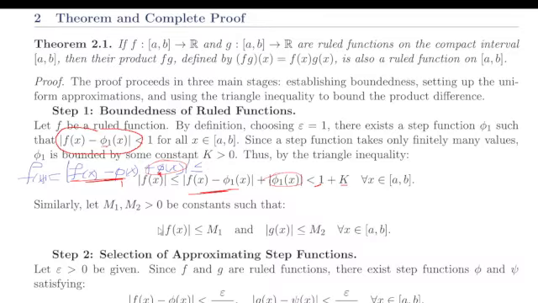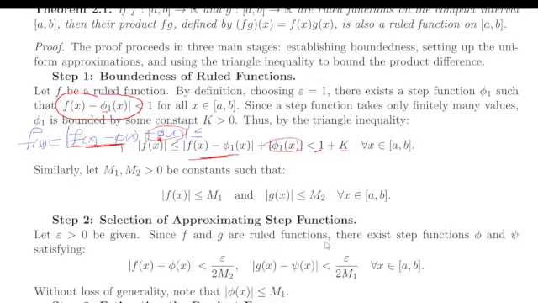Similarly, let m1 and m2 be positive constants such that the absolute value of f of x is bounded by m1 and g of x is bounded by m2 for all x in the interval.